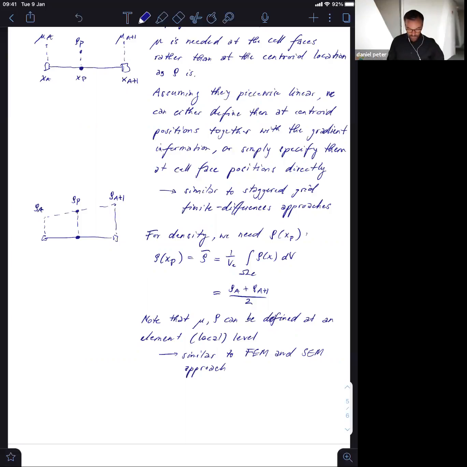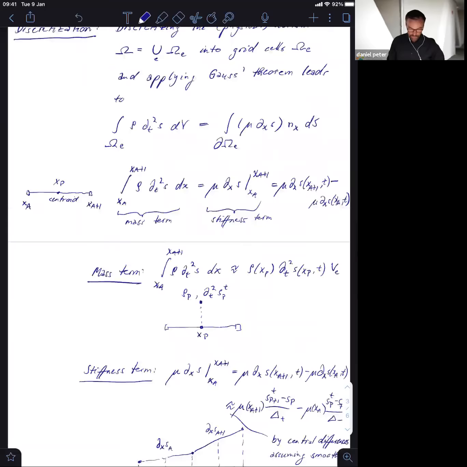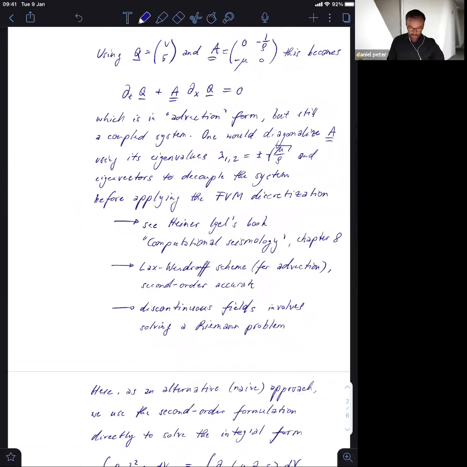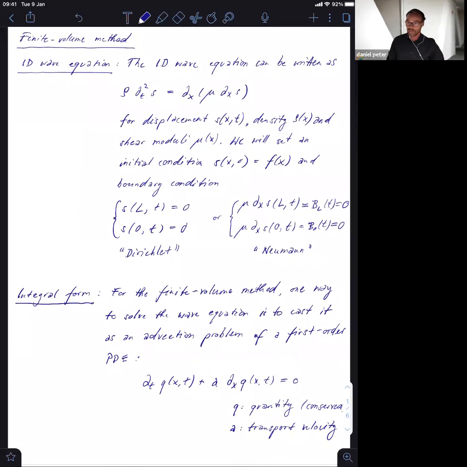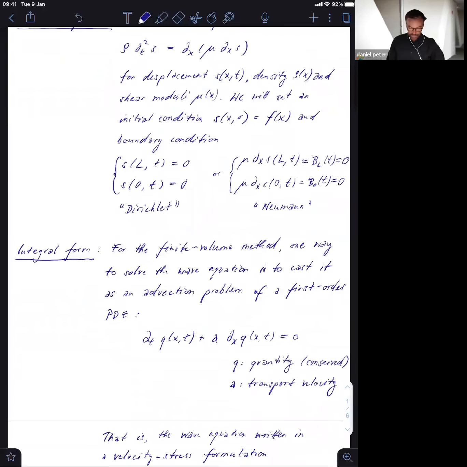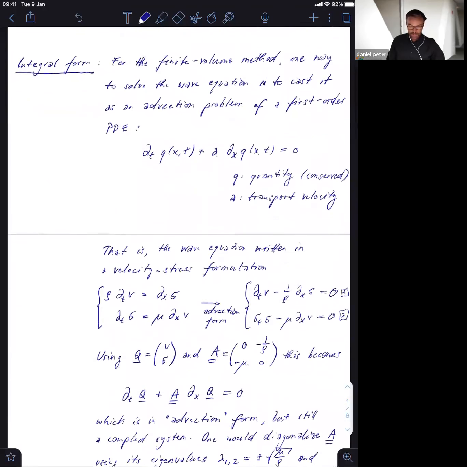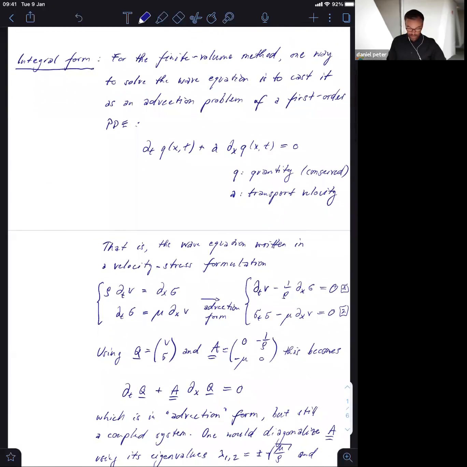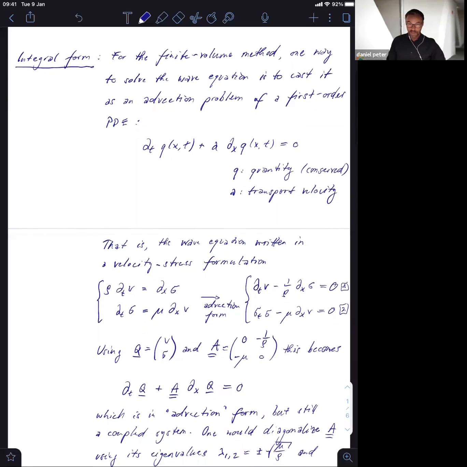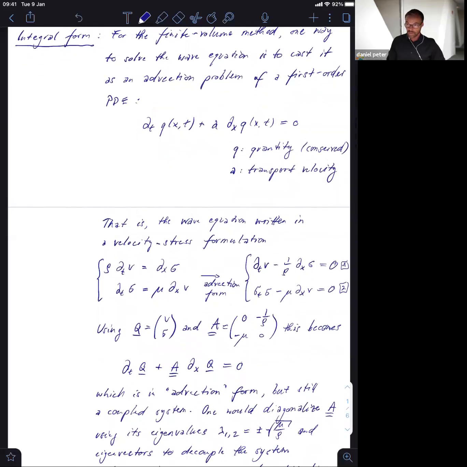So Tariq and Indra, what we started with is the wave equation problem. The goal is to solve this with the finite volume approach. The first step that we need to look into is the integral form. One way of approaching it is by casting the wave equation into an advection problem. You see here on top is the advection equation.